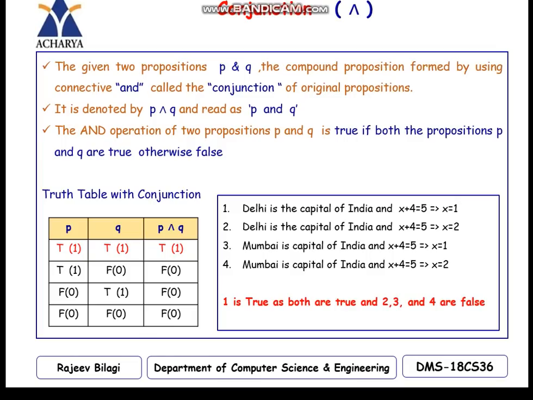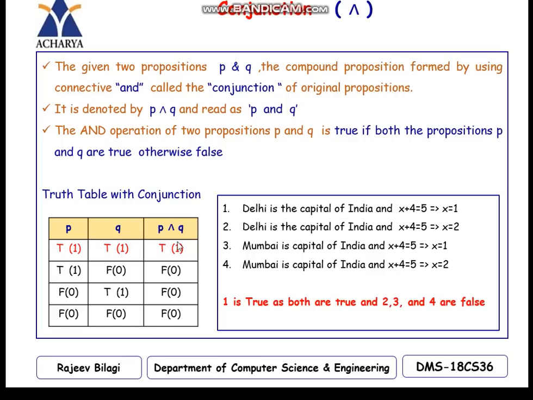If any one of those statements is false, it is not acceptable, that is, it is false. If both are false, then also it is false. So if you look at the truth table here, P and Q, I have written true, true, true, false, false, true, false, false, or 1110 0100. So when both the statements are true, then only it is true, otherwise all are false.